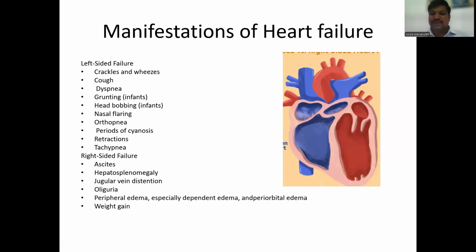So let's see the manifestations of right side heart failure and left side heart failure. In left side heart failure, the left ventricle can't pump blood out. Hence, the blood will be stagnated inside the left ventricle.